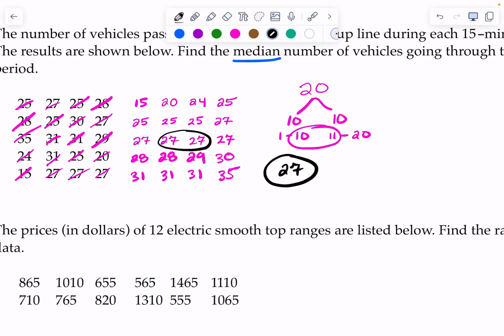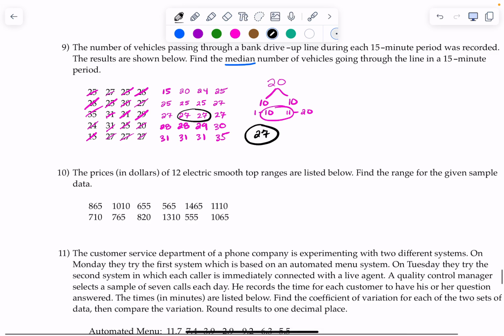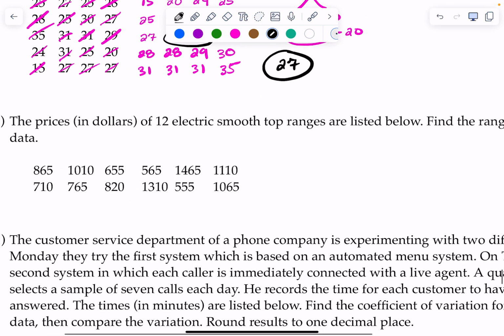Okay. All right, find the range for the given sample data. This is too easy. Range, highest minus lowest. The biggest is 1465, and the lowest is 555. So 1465 minus 555, which is 910.